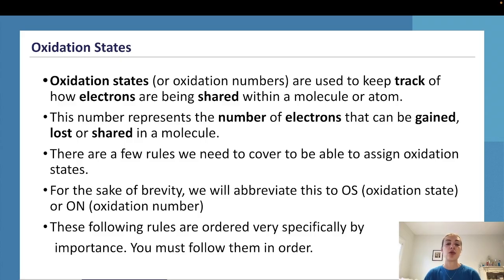Also, throughout the slides, we're going to abbreviate oxidation state or oxidation number to either OS or ON, to save writing the whole word, so you don't get confused about what that means.